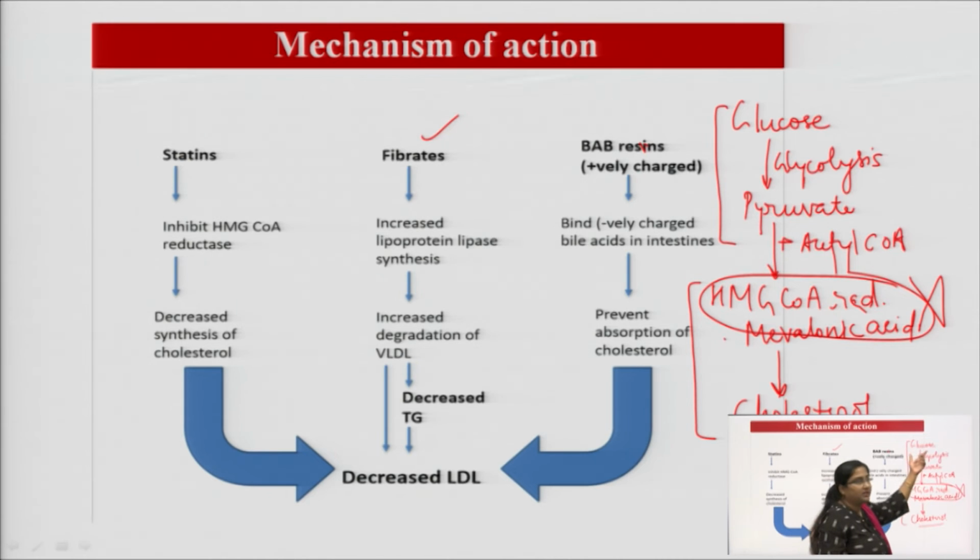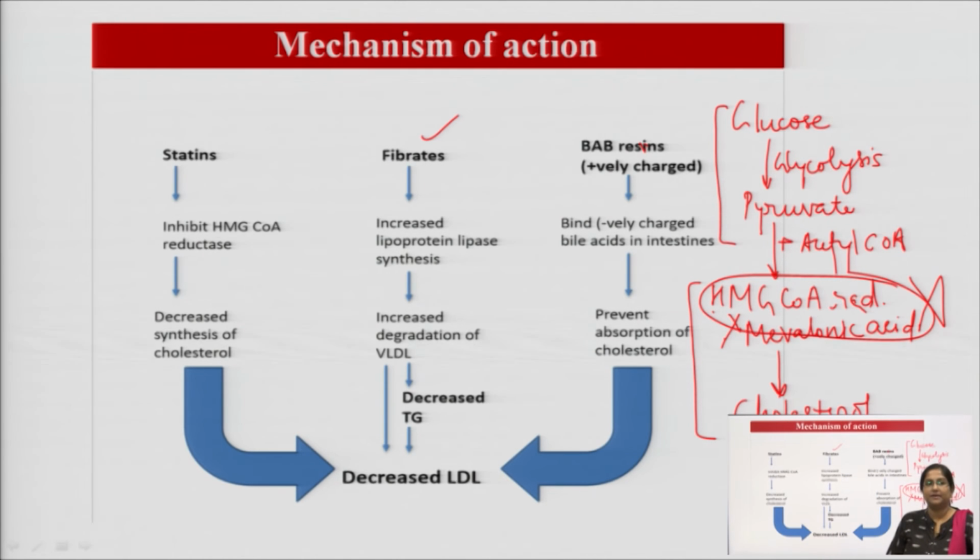After the carbohydrate metabolism, your pyruvate will get converted into mevalonic acid by the use of HMG coenzyme A reductase. Here your statins will act on and stop this step. Finally, mevalonic acid will not be able to convert into cholesterol. So, finally, your LDL will be decreased.